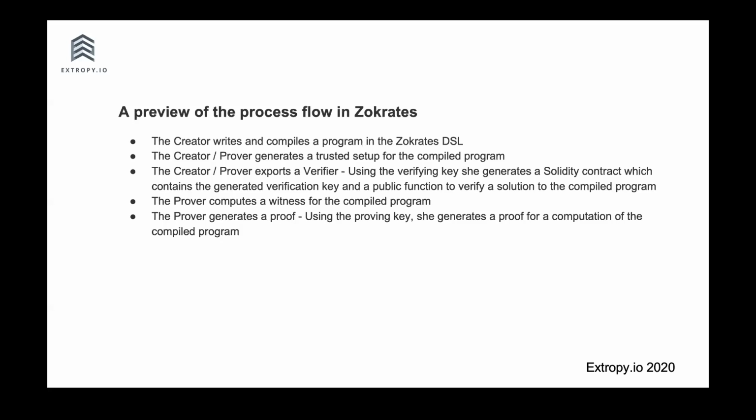The prover then computes a witness. In the case of Socrates, this is perhaps a trivial step. It's really just recording the secrets that the prover has. The really important step is that the prover generates a proof and uses the proving key for this.